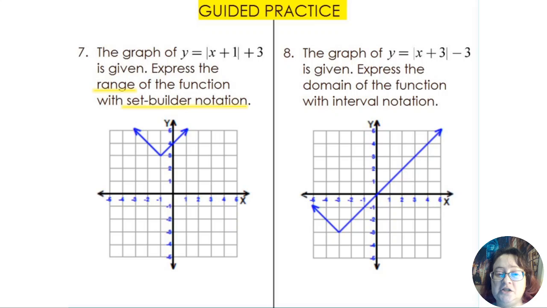Set builder notation means I'm going to use my squiggly brackets and my inequality symbols. So from here, I still start with a vertex, which is -1, 3. From that vertex, I look at my graph up and down, and I'm going up, which means y is getting bigger. So y is going to be greater than or equal to +3.